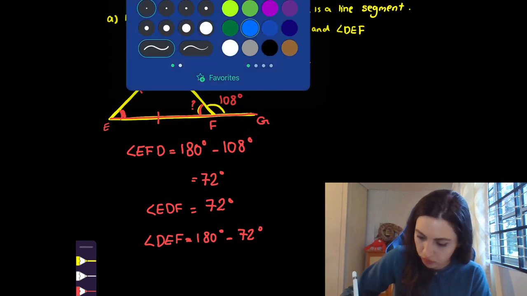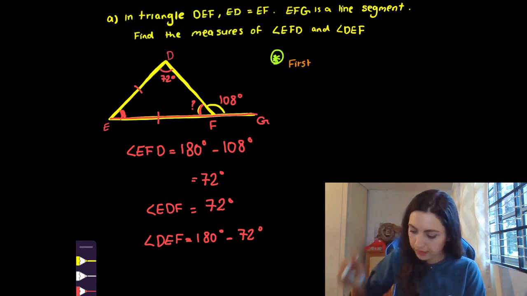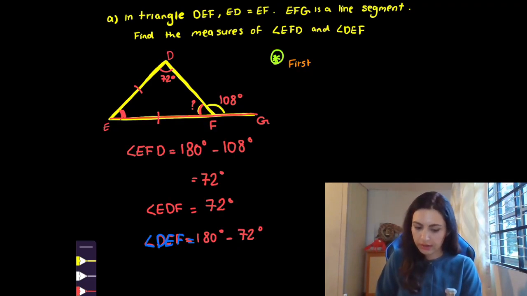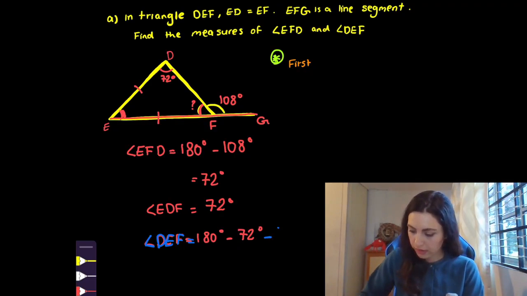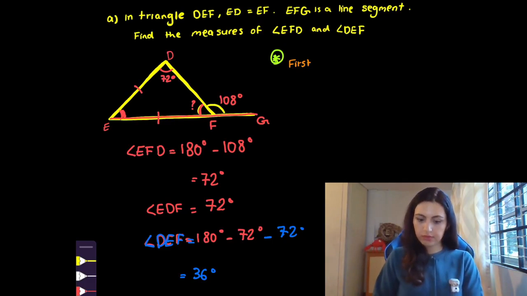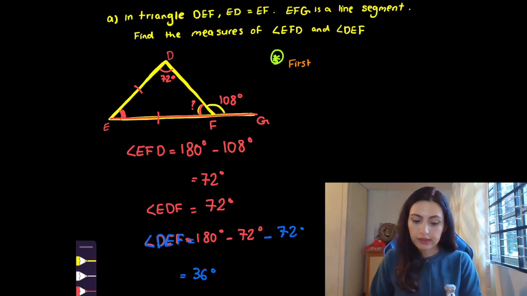And I'm going to choose the color blue for this angle. So 180 minus 72 and minus 72 degrees, which is equal to 36 degrees. So triangle DEF is an isosceles triangle. Why?